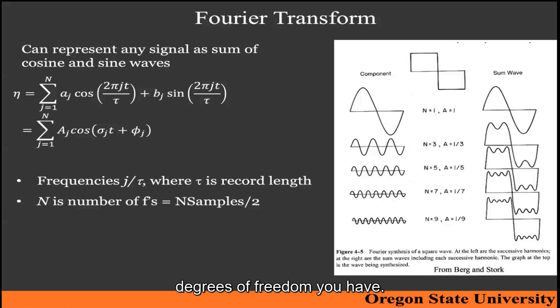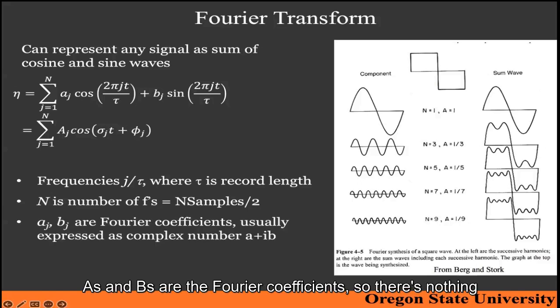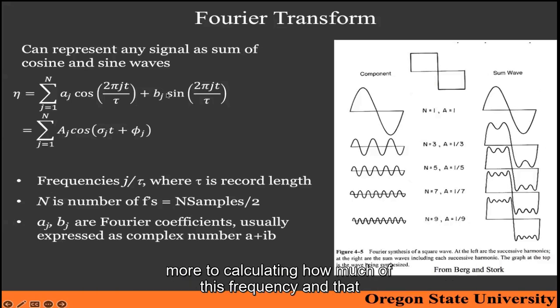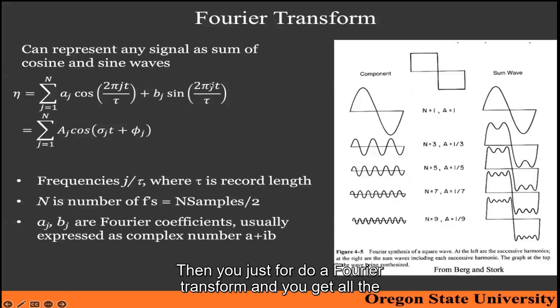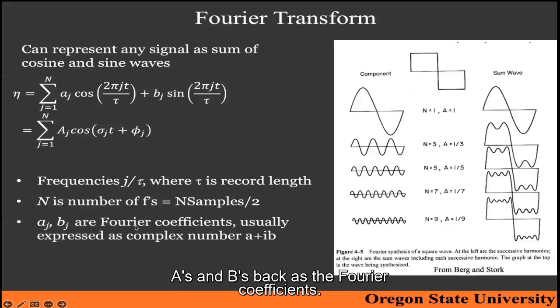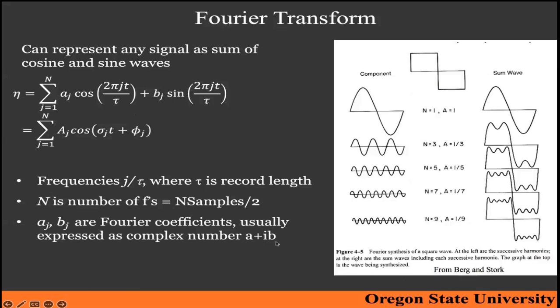That's the number of degrees of freedom you have. The A's and B's are the Fourier coefficients. There's nothing more to calculating how much of each frequency went into it than doing a Fourier transform, and you get all the A's and B's back as the Fourier coefficients. They're usually expressed as a complex number, A plus iB.